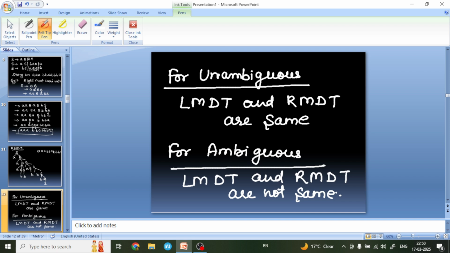And in the example I have solved, leftmost derivation is equal to rightmost derivation. So we can say the grammar was unambiguous, and that is why leftmost and rightmost derivation represent the same parse tree.